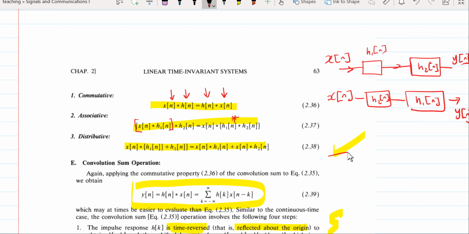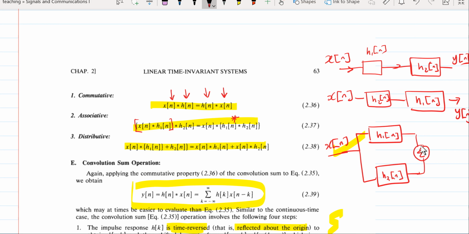If the input x of n is entered into h1 of n, and also entered in parallel into h2 of n, and then you sum the results, this is equivalent to doing it slightly differently.